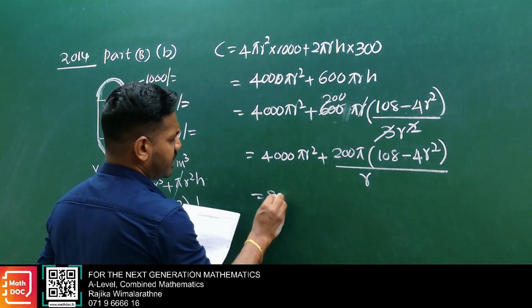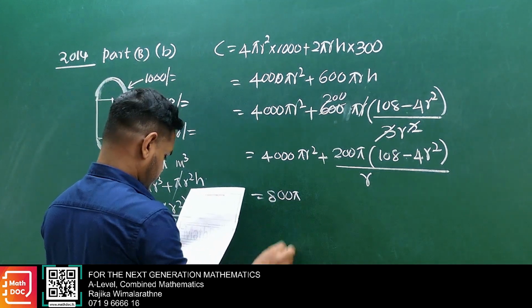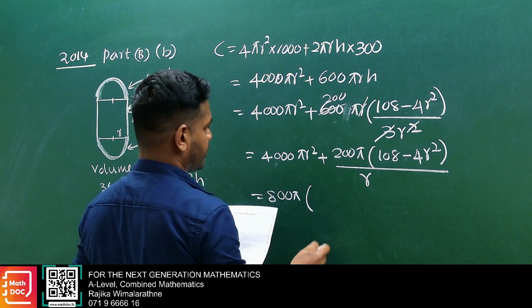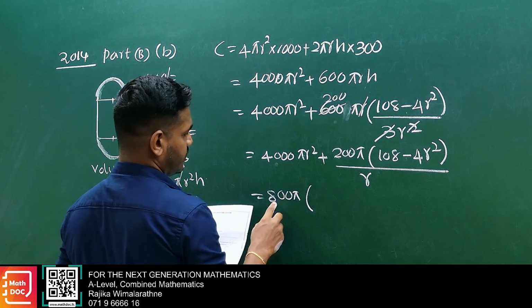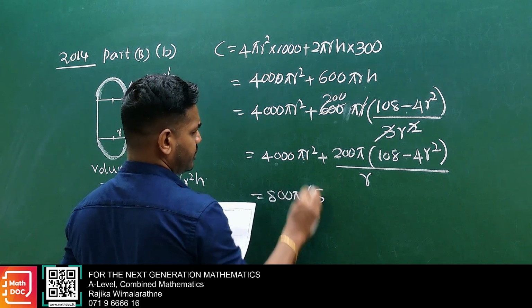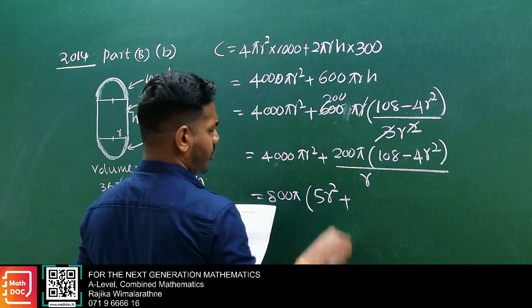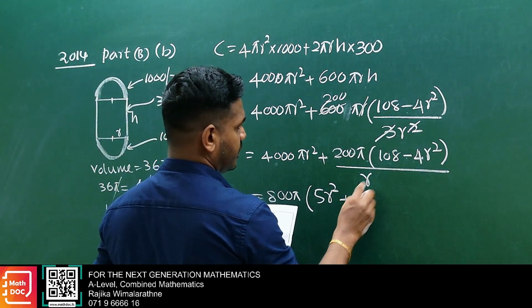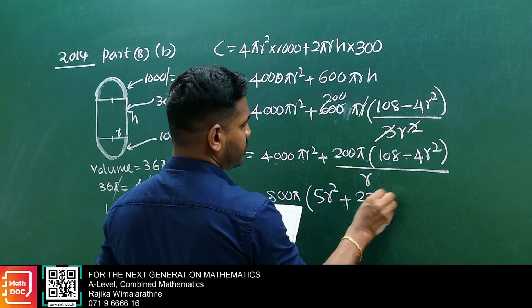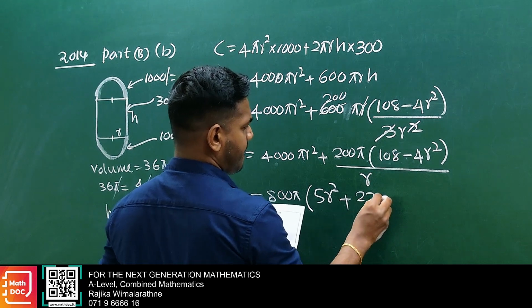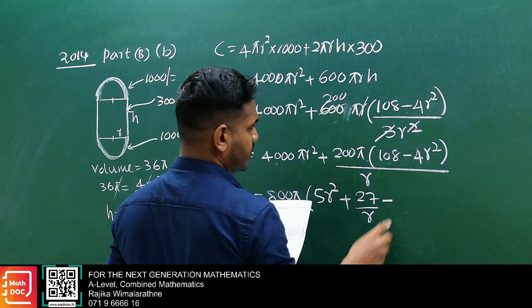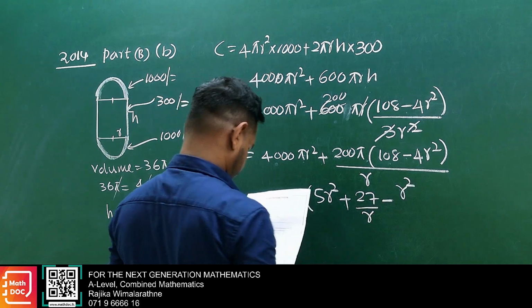Take 800 pi out: 800 pi times 5r squared plus (27 over r minus r squared).